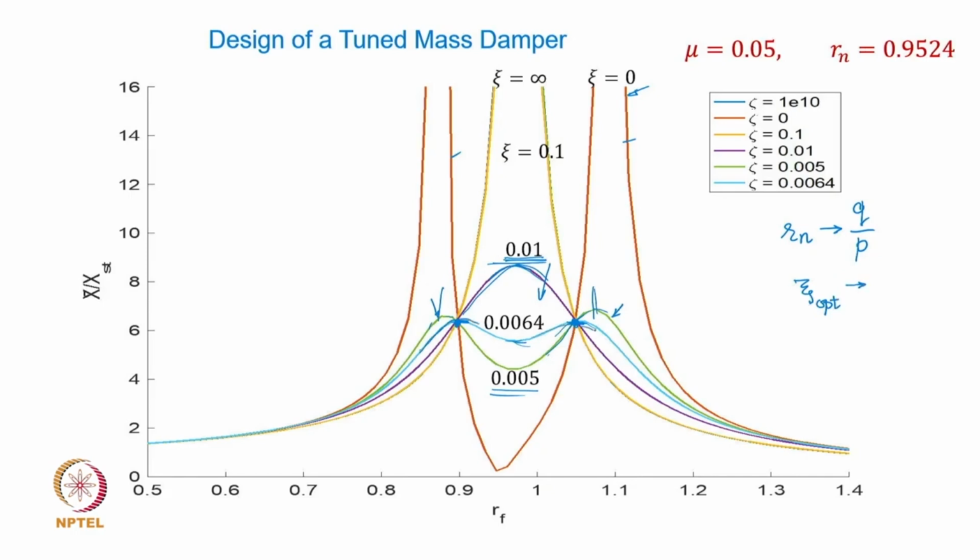The moment you ensure that the curve passes with zero slope at both these points, that will ensure that the graph does not shoot up on either side of that point, and then the graph will have a flatter kind of response.